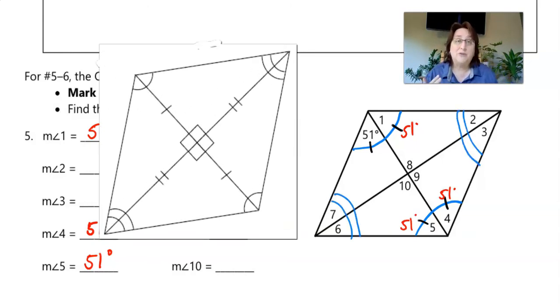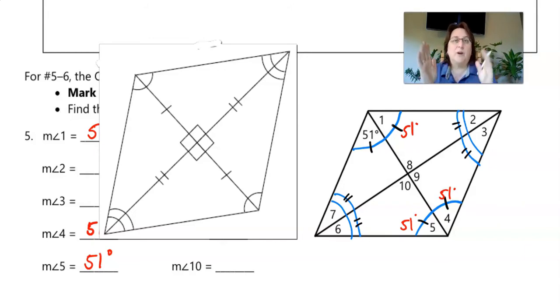And according to our flip chart, those angles are also bisected. So that means that right here, these are congruent, these are congruent. Oh, so that means that angles 2, 3, 6, and 7 are all the same. But we don't know any of those measurements yet.